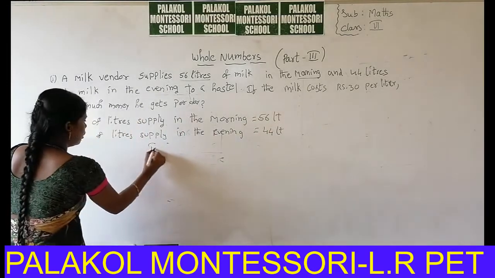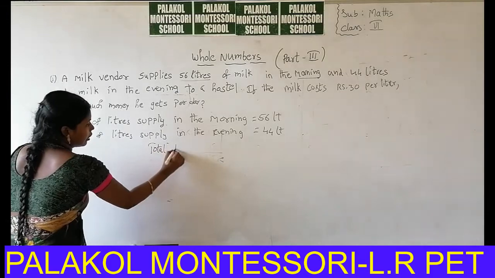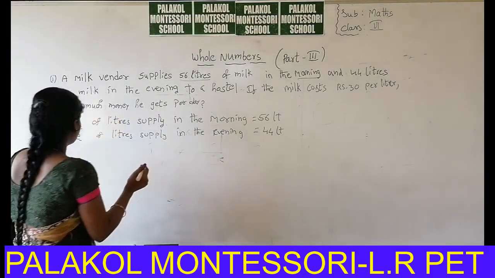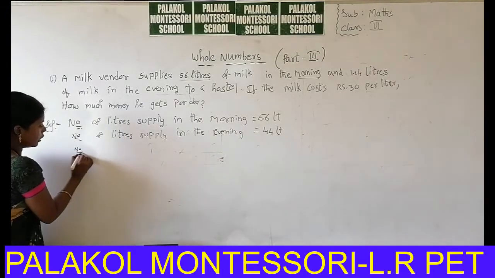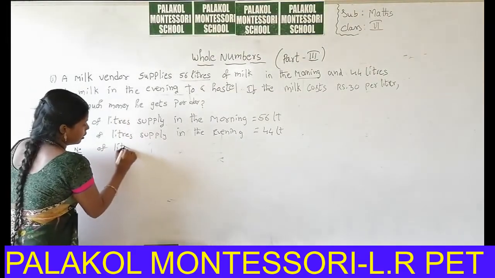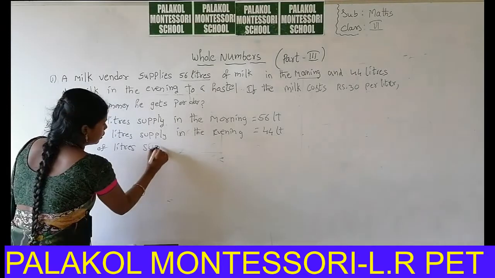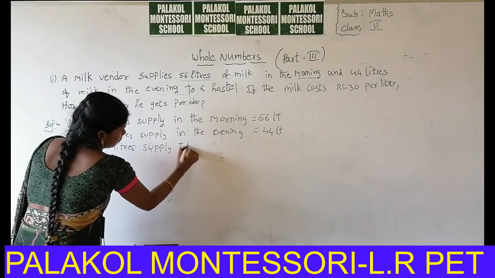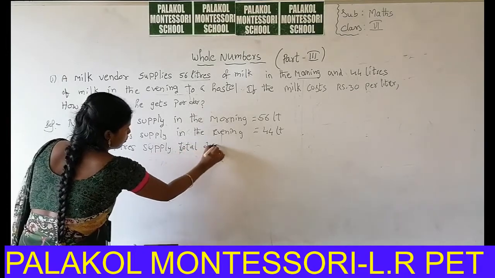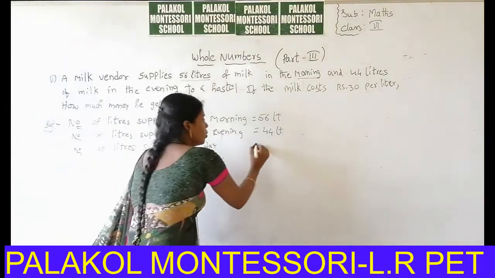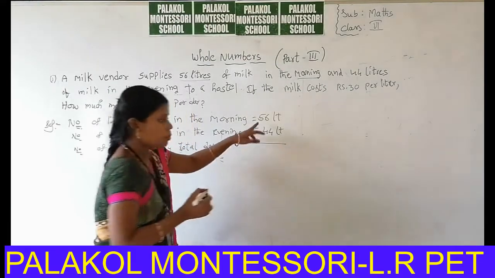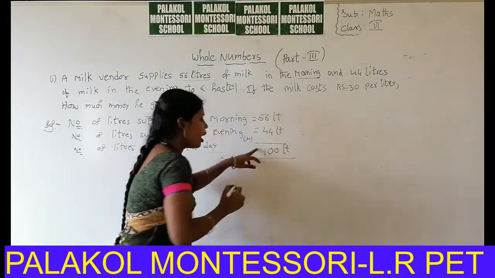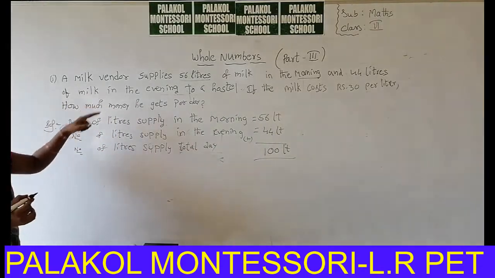So total number of liters supplied in the day, that means you can add these two. So 56 plus 44, 100 liters. So the milk vendor supplies 100 liters per day to a hostel.